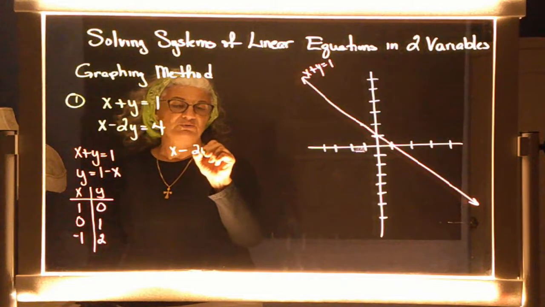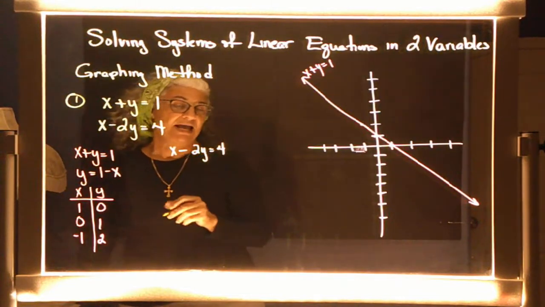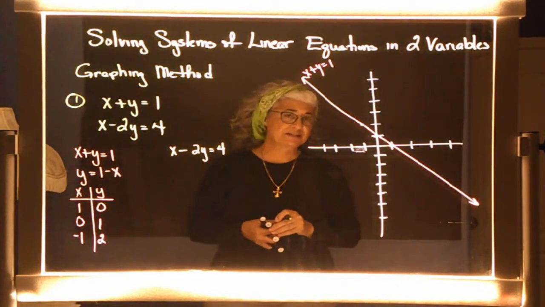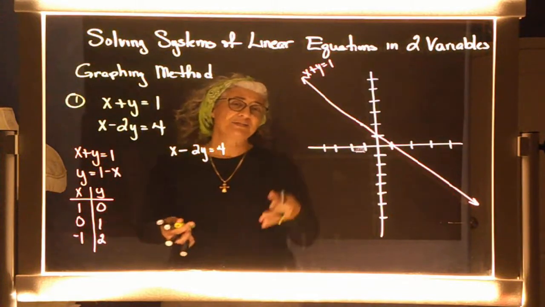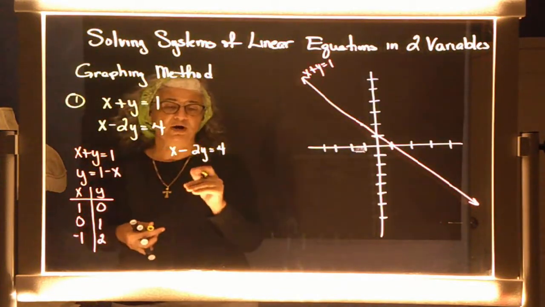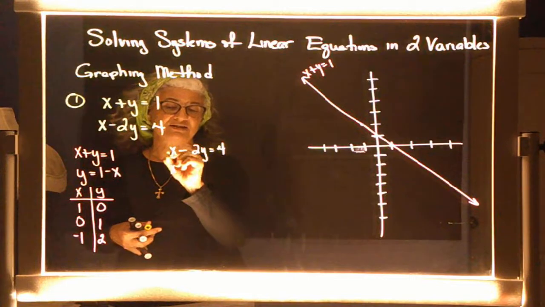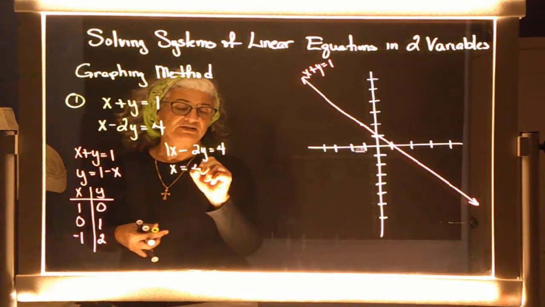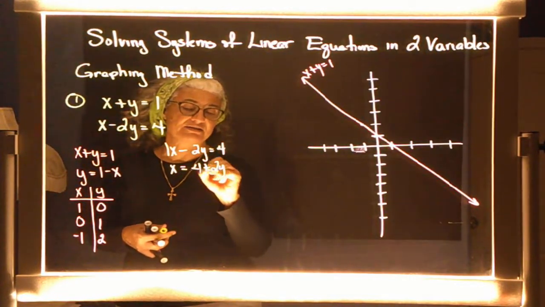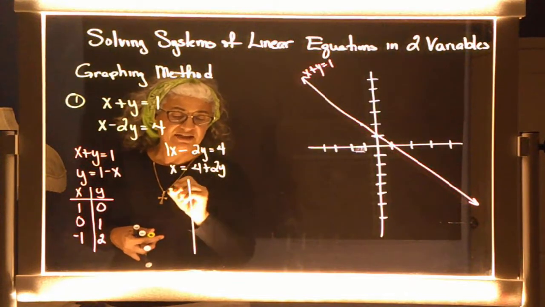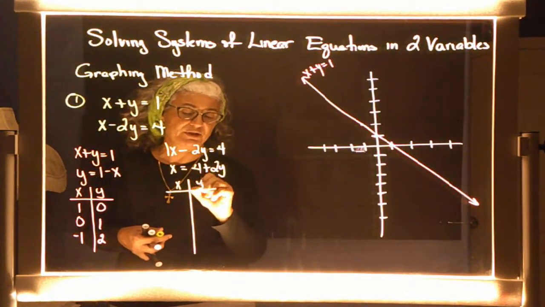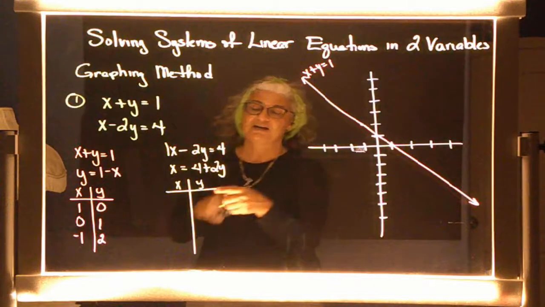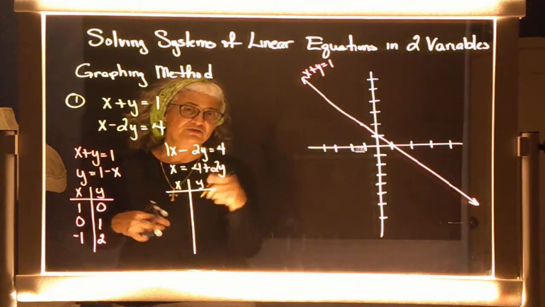Now I'm going to look at the second equation, x minus 2y equals 4. Again, I'm going to get one of the variables by itself. In this case, I'm going to get the x by itself, because the x has a coefficient of 1, so it's going to be very easy to get the x by itself. And so I'm going to plug in numbers for the y variable, because the y has all the junk around it.